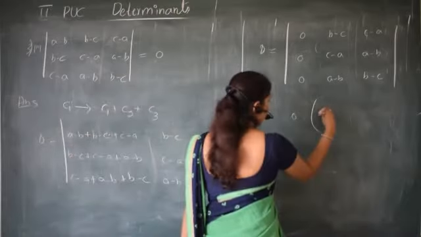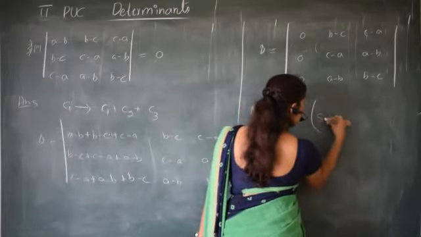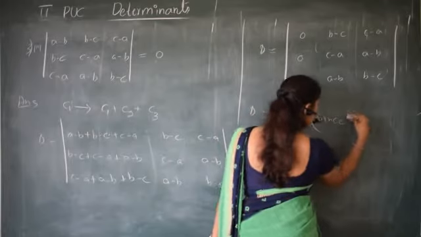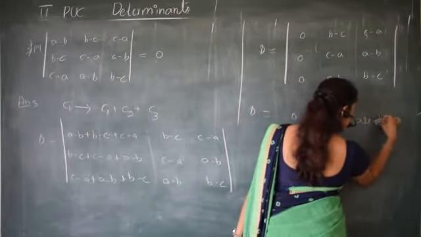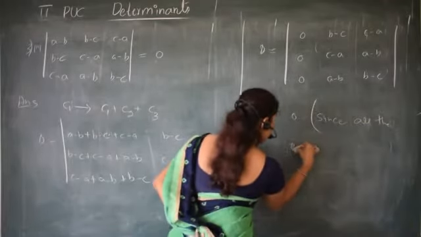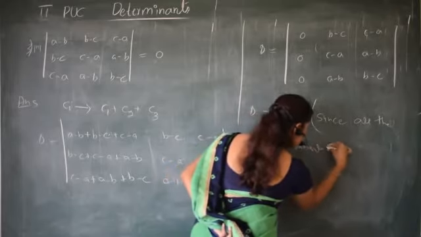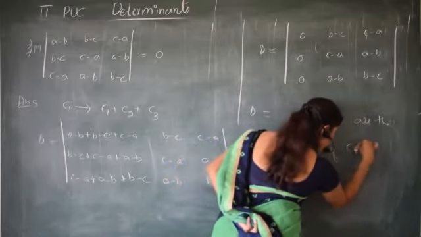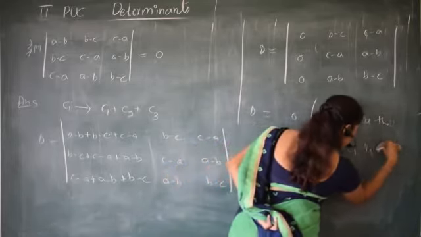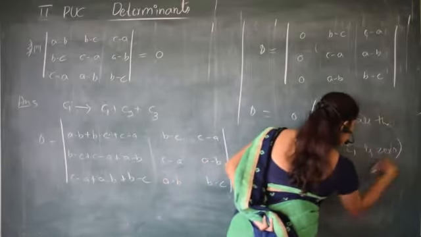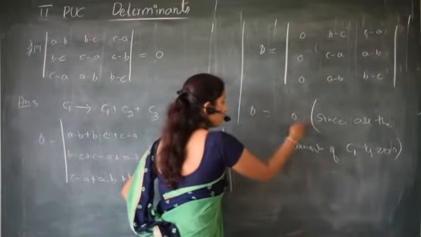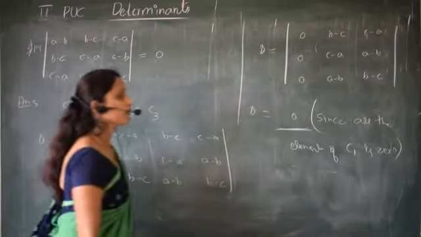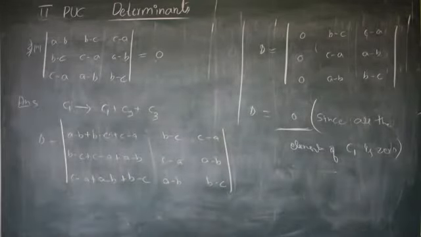Since all the elements of C1 are 0, the determinant value is 0.